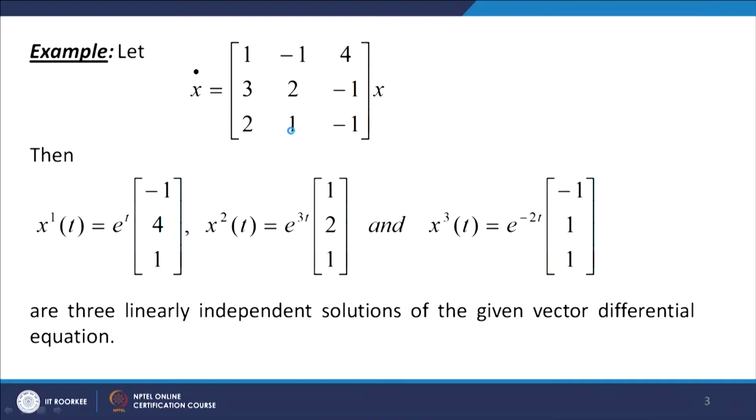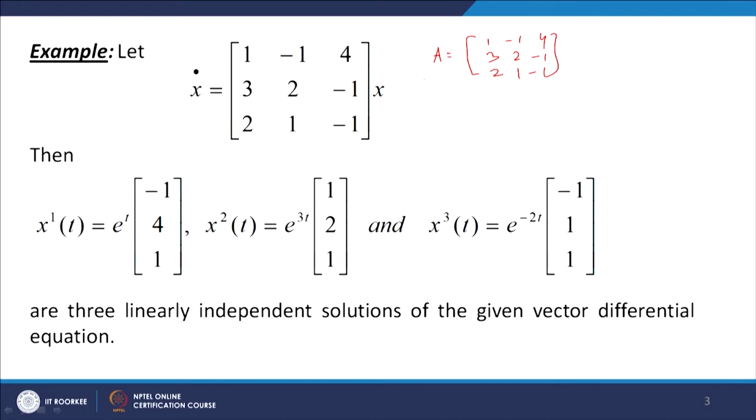Now, let us consider a vector differential equation x dot equal to Ax, where A is this 3 by 3 matrix: 1, -1, 4; 3, 2, -1; 2, 1, -1. In order to find the fundamental matrix, we first find 3 linearly independent solutions of this vector differential equation.